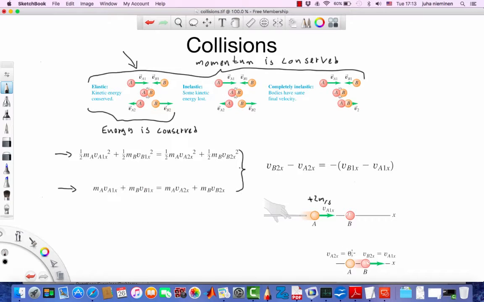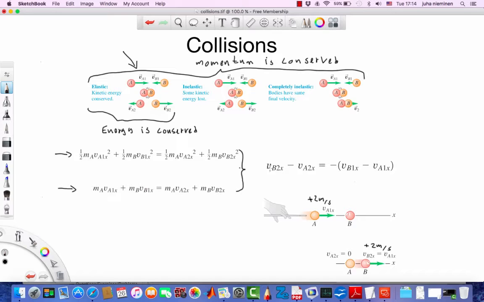And after the collision, you know that because the objects are of the same mass, what happens in fact is that A stops and ball B continues at the same velocity that ball A had. But in this case, the distance is increasing at the rate of 2 meters per second. So the relative velocity magnitude is the same, but the direction is opposite.